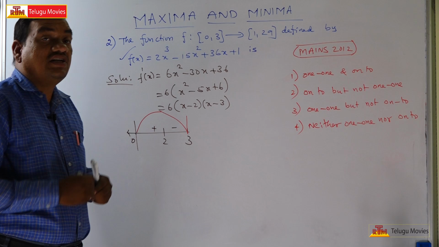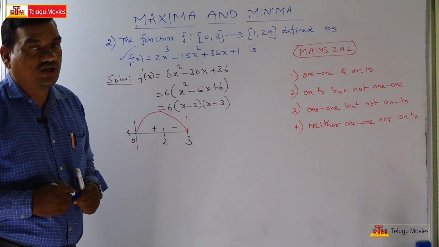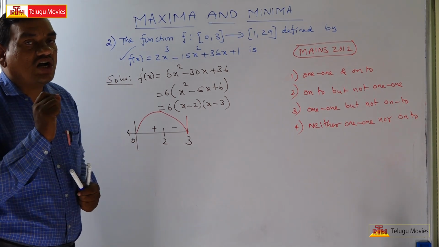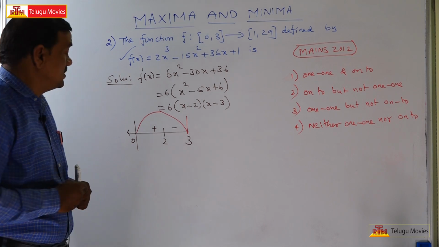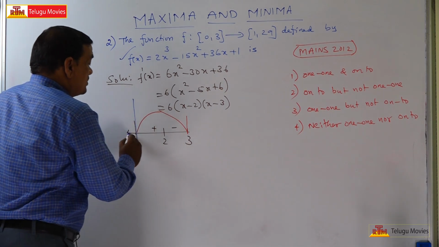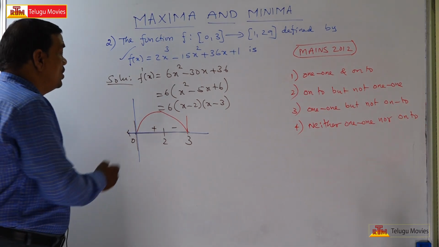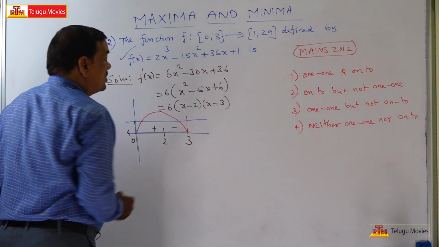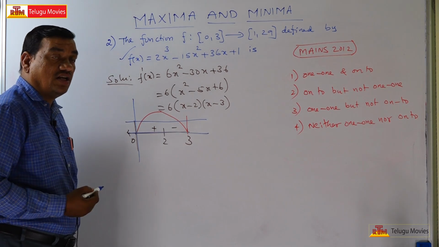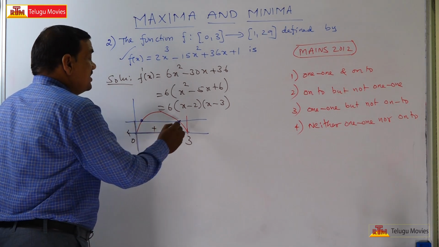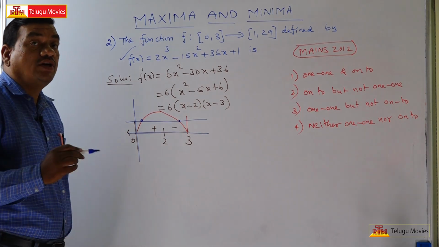Now let us check whether it is a one-one function or an onto function. Clearly it is not a one-one function. Why? By the horizontal line test, if you draw any line horizontally, parallel to the x-axis, it intersects the curve at 2 points.